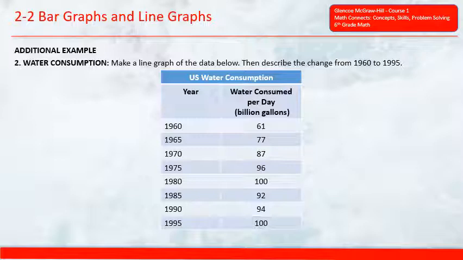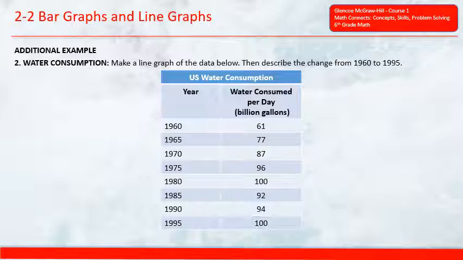When you're looking at a table with 3 or 4, maybe even 5 pieces of data in it, it's not really difficult to look at the table. But when you start looking at one that's got upwards of 10 pieces of data and even more, the picture becomes more valuable.